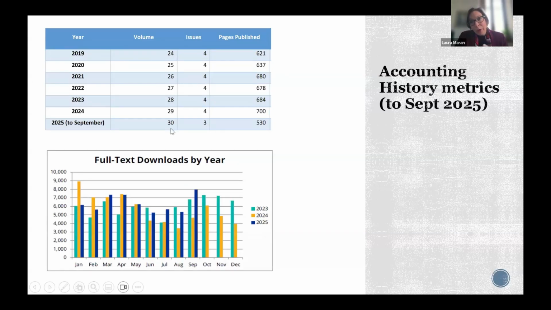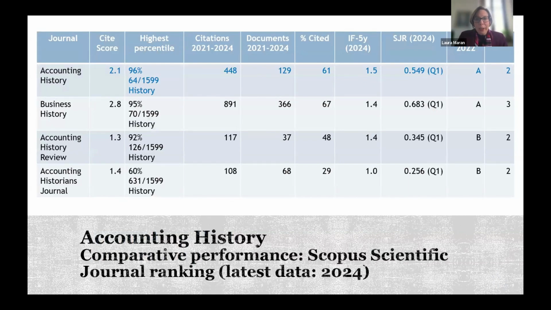We have a flexible budget in terms of pages to be published. In 2024, we reached 700 pages published, and in September last year, we were already at 530 pages. Now, as I said, we are not particularly favored in terms of the ABS ranking, and I'm looking at our UK colleagues here, but we are definitely favored in terms of the ABDC ranking, which is the journal ranking currently adopted in Australia.